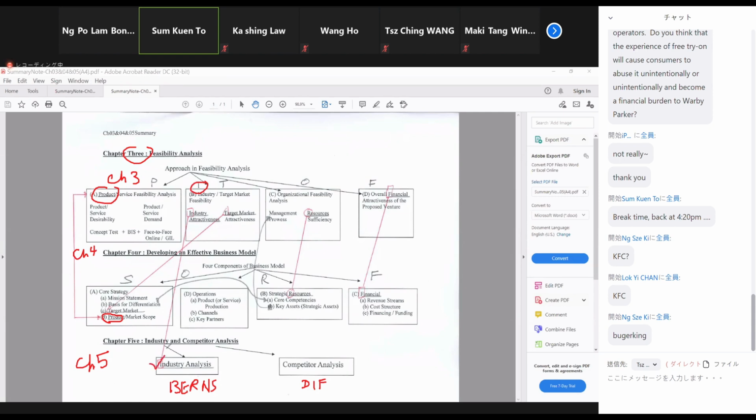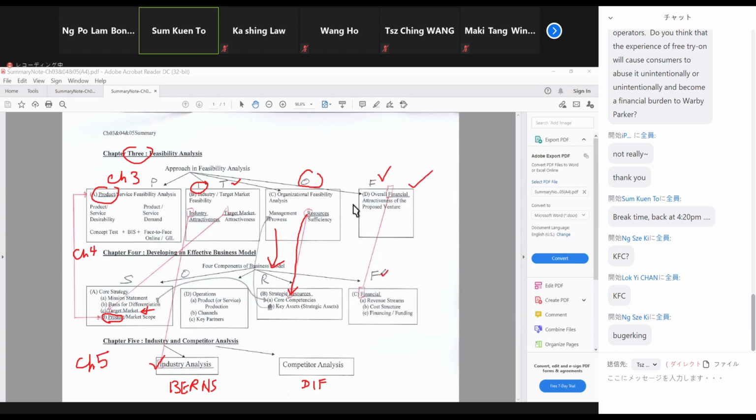When we talk about T, target market, this is also one of the items in chapter 4, talking about target market. And then we're talking about organization. We have two different types of resources, financial and non-financial resources, human resources. So they are very interrelated. And of course, in PTOF, the F refers to financial, and in SORF, the F also refers to financial.